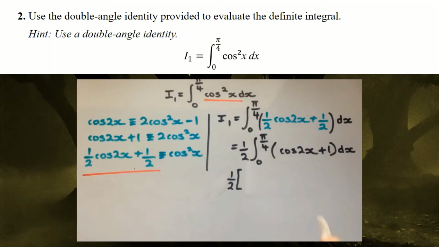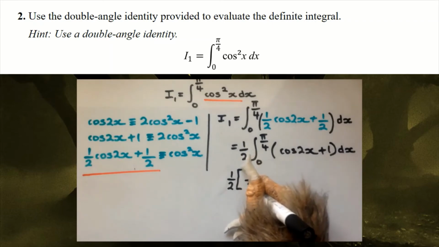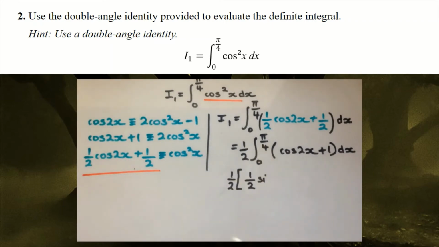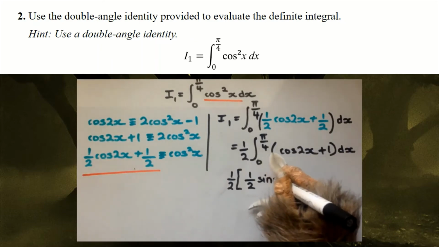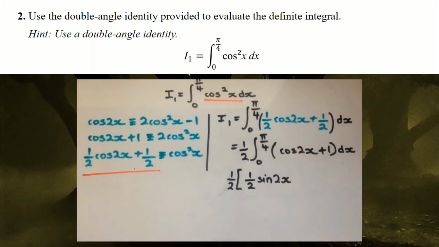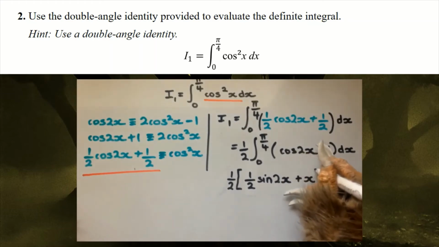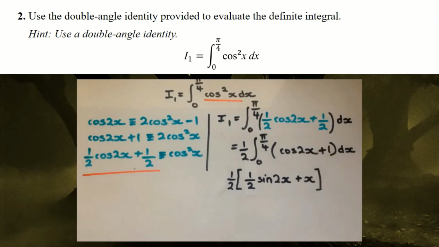As we saw earlier, we've already integrated cos 2x. That was useful, wasn't it? So remember, this was 1/2 sine of 2x. And integrating 1 will just give us x if we're integrating with respect to x. And close the square brackets.